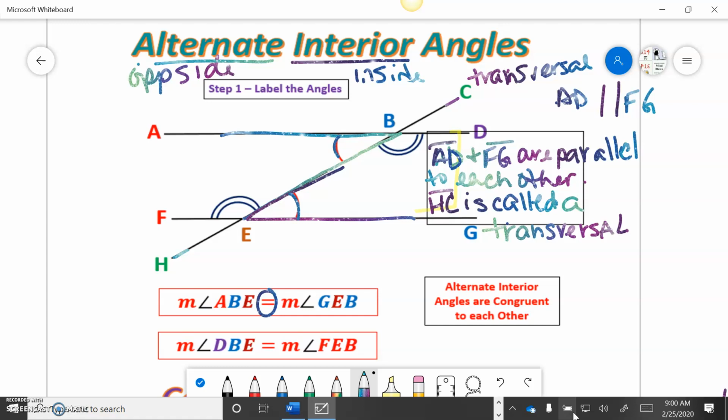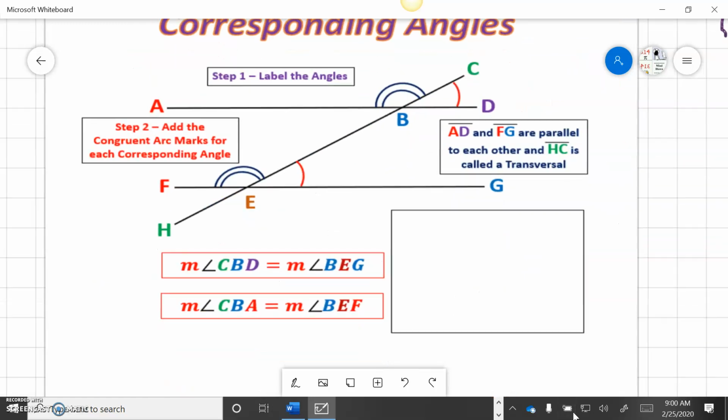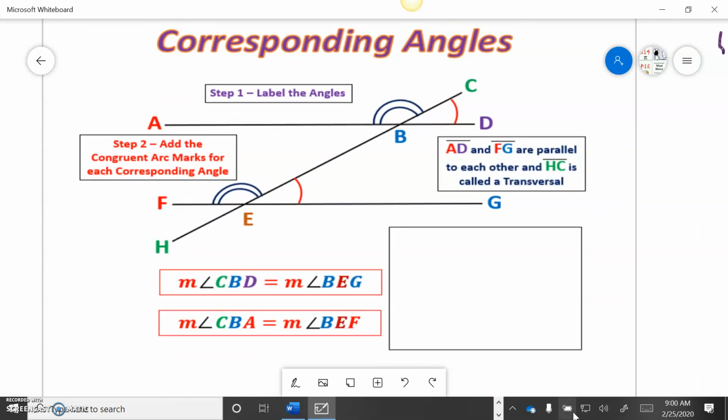We also have DBE and FEB, denoted with the two lines. Those are also equal because, again, they're on opposite sides of the transversal, and they're inside the parallel lines.